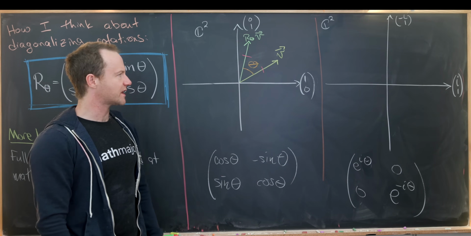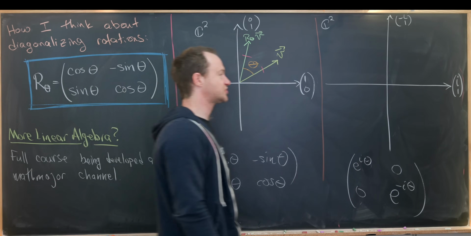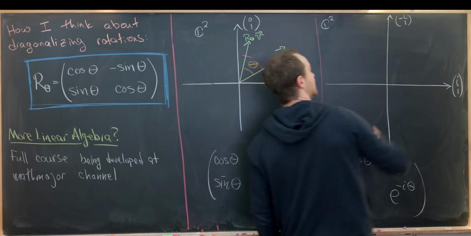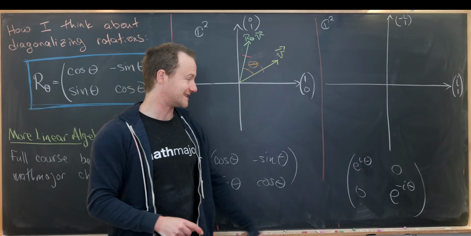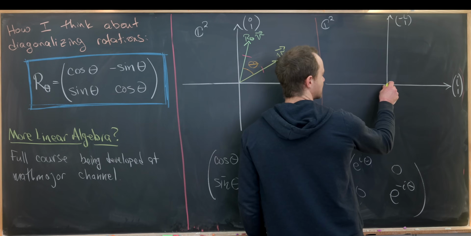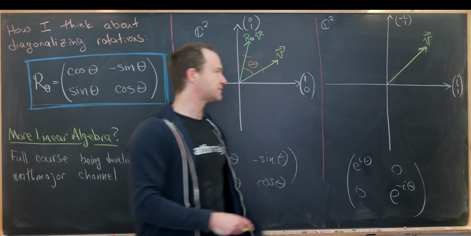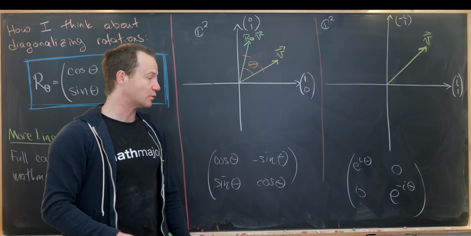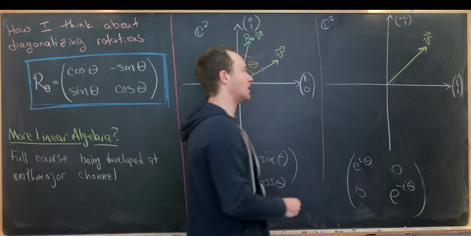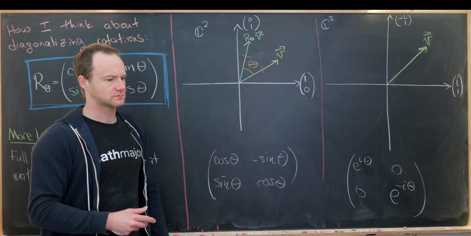Okay, so now what's going on over here? Here we have changed our basis to a basis of eigenvectors. We've got (i, 1) and (-i, 1), and now we've got a diagonalized matrix. So now let's get a vector up in this plane. I'll say the vector is v again. And now if we multiply by this matrix, exactly what changes? Well, it's hard to visualize, but let's recall that this vector is a two-dimensional complex vector.